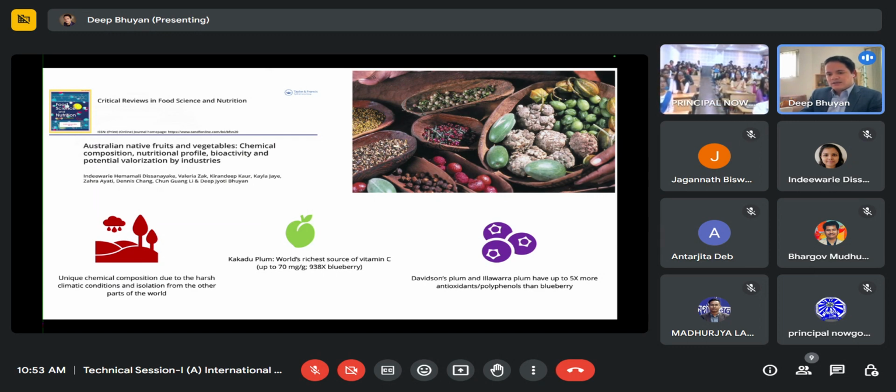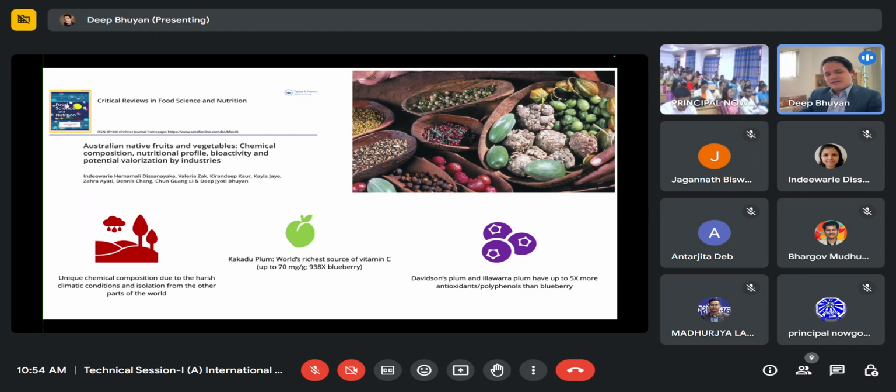So in Australia, there are different types of unique fruits and vegetables, which are known to be one of the richest sources of different phytochemicals like vitamin C, antioxidants, polyphenols, and things like that. And because of the climatic condition, because it gets very hot here and gets very cold as well at the same time, so there's that extreme.